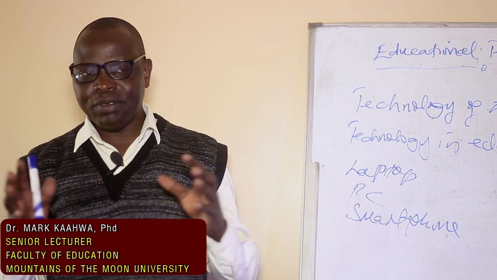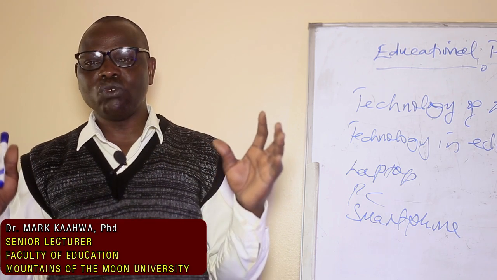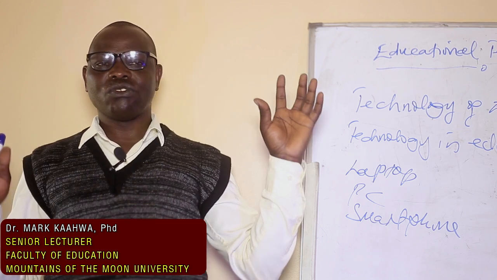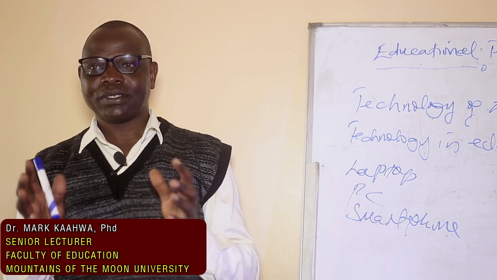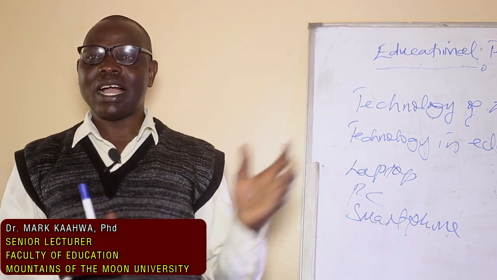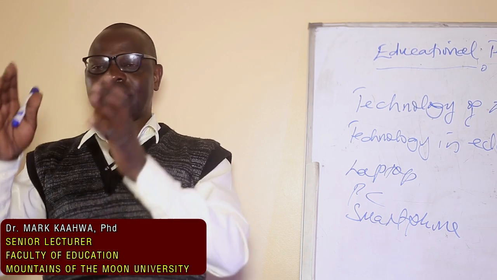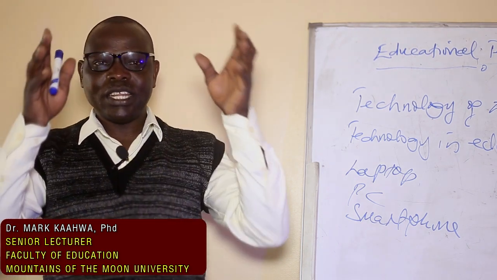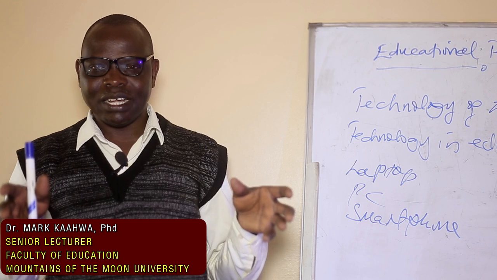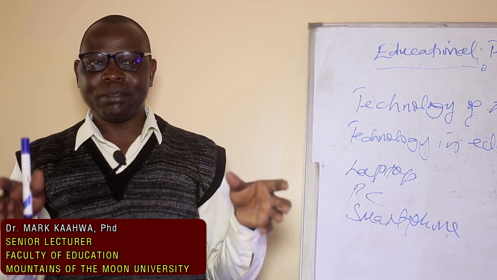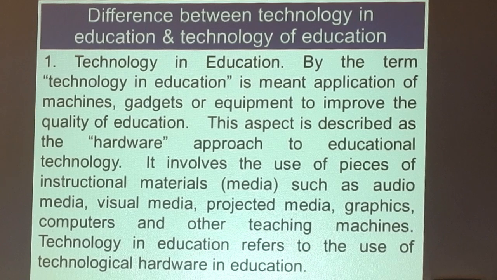So it should always be very clear, and the two concepts should not always be confused: technology in education and technology of education. Technology in education, as I make my summary, means the use of the different digital tools in the process of teaching and learning.